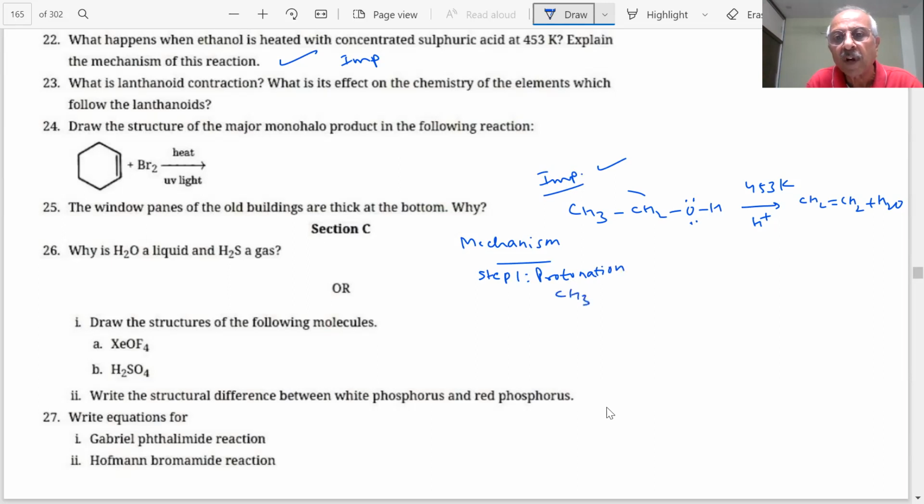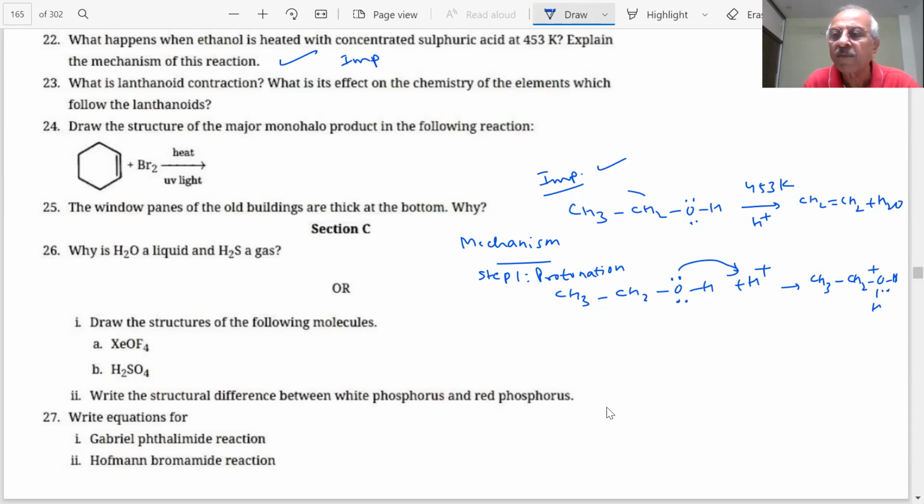What will happen then? CH3CH2OH and H plus. This will happen, student. These are the lone pairs of electrons on oxygen. They will take up this proton, giving CH3CH2OH2 with one lone pair of electrons and a plus charge.